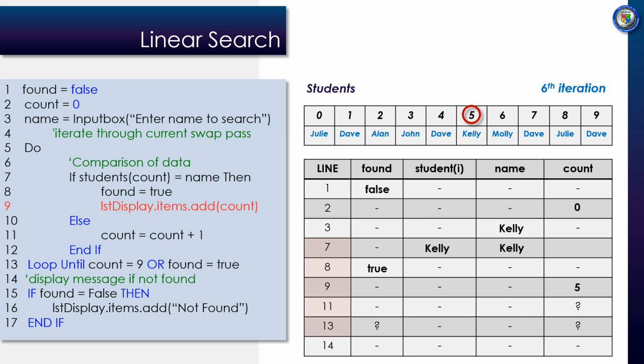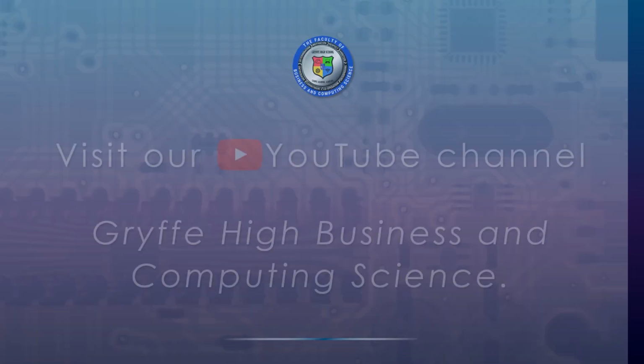Therefore, we've displayed position 5. We do not increment in this case because the condition at line 7 is true. Count is 5 and found is true, therefore meeting the condition to exit that loop.